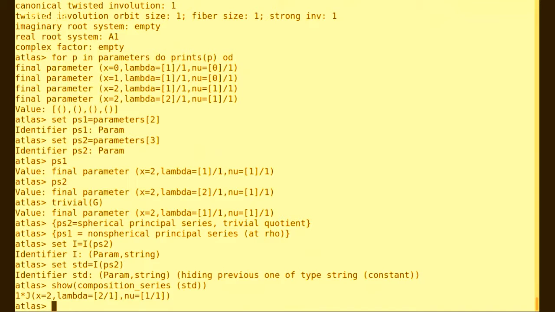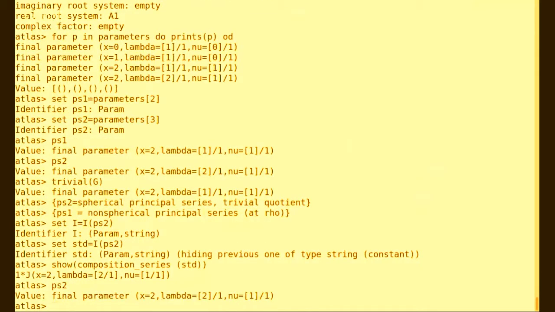Did I get this right? What is PS2? I'm sorry, I got them backwards. PS2 is irreducible, and it's the non-spherical one. Sorry, I misspoke earlier.